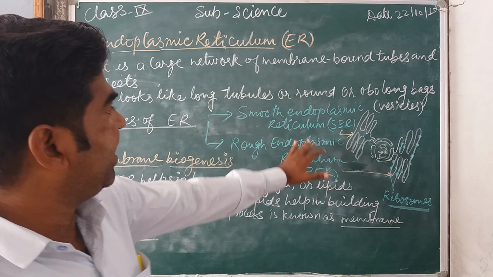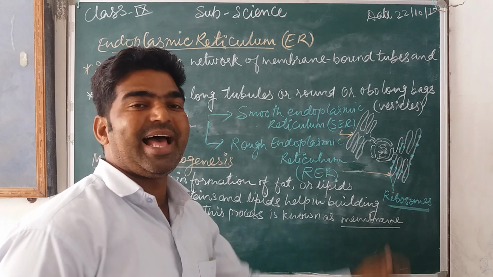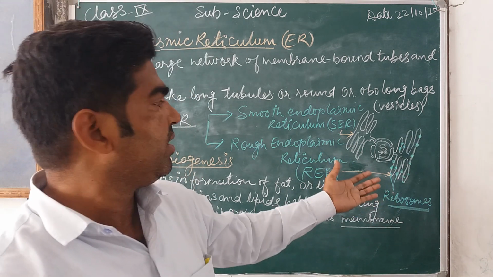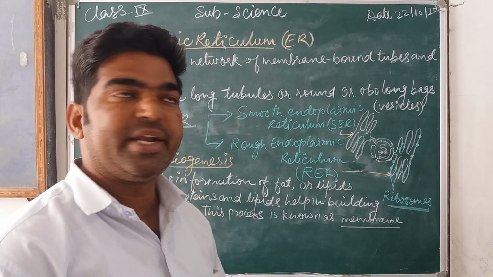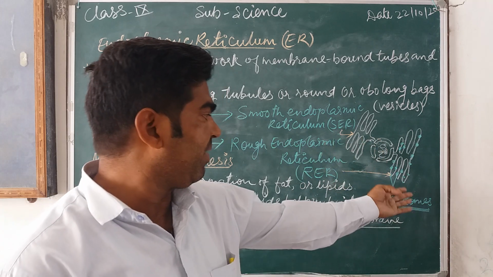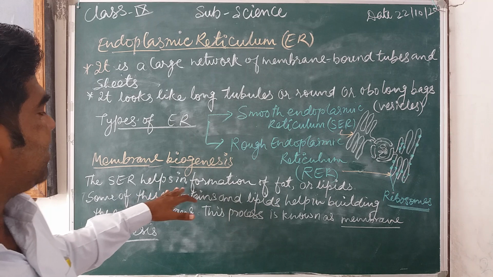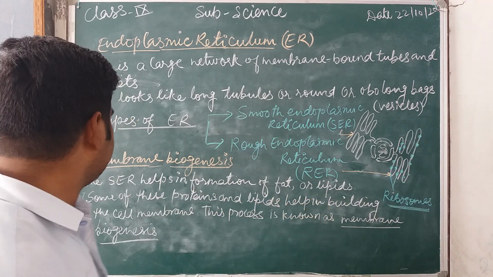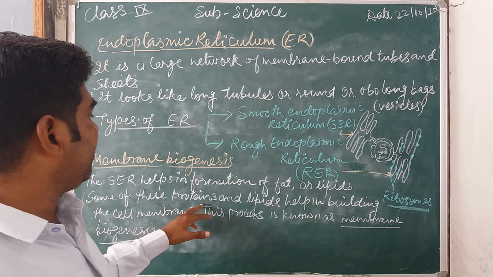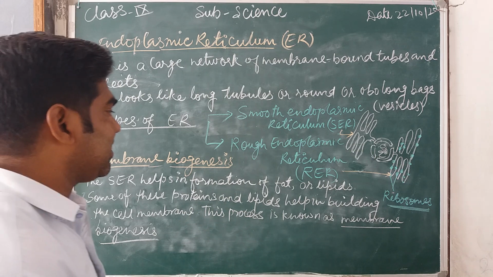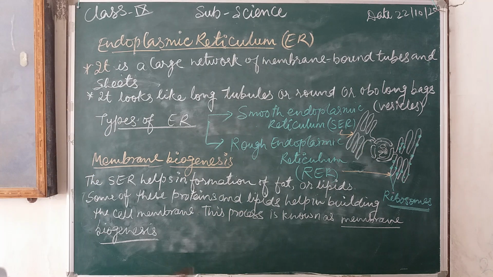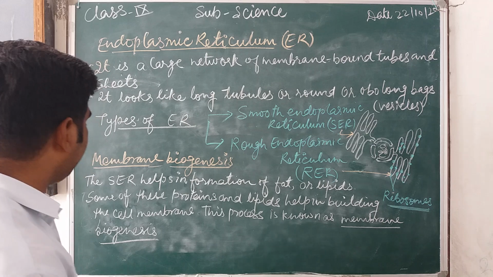As I told you, the smooth endoplasmic reticulum helps in the formation of some lipids and fat molecules, and some proteins are formed by the rough endoplasmic reticulum. Some of these proteins and lipids help in the building of the cell membrane. This process is known as membrane biogenesis.